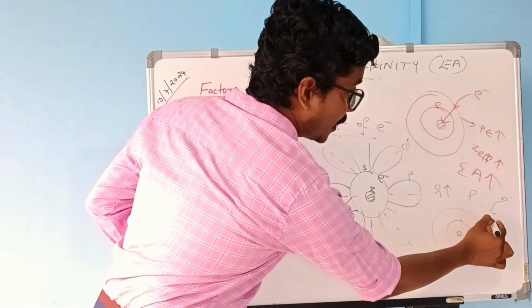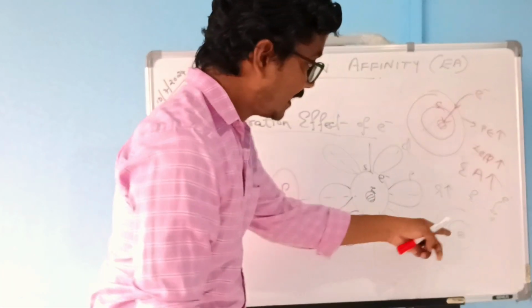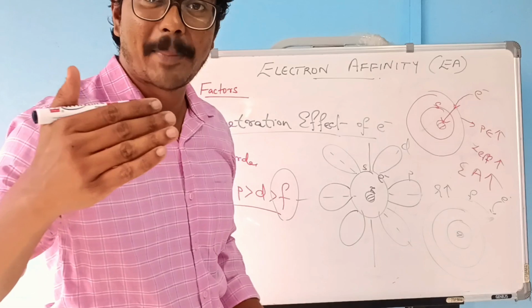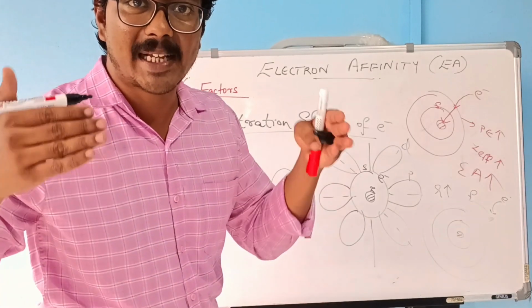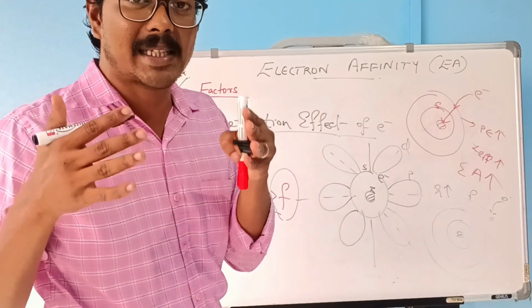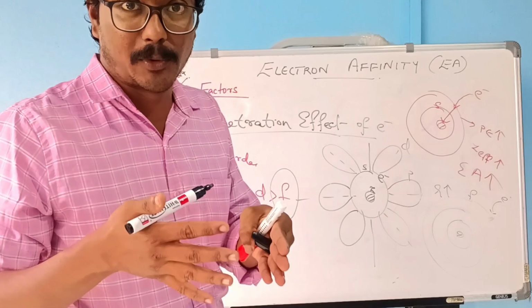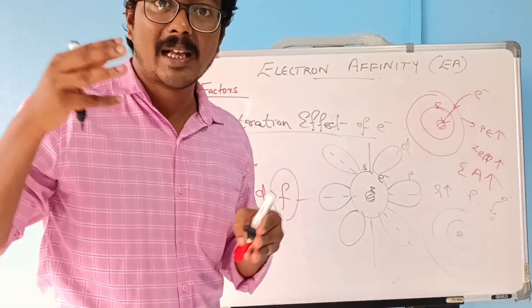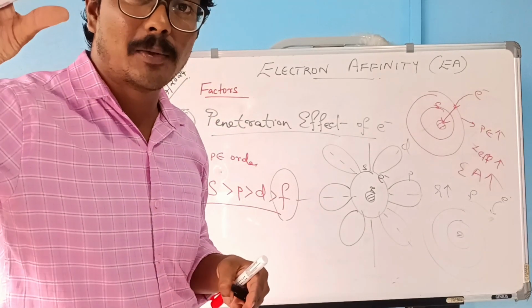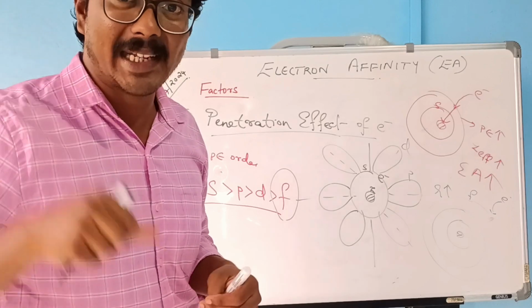The penetration power is very low, which means the electron does not have the ability to move closer to the nucleus. As a result, the effective nuclear charge on the electron is very, very low.